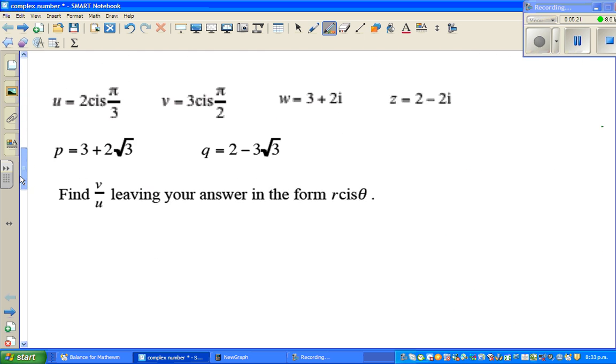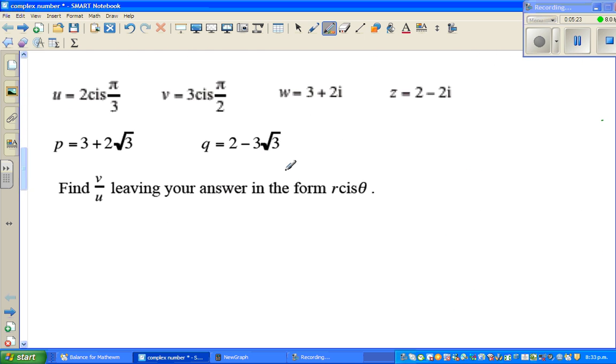The next question is, you're looking at u and v. There's a formula when you're dividing complex numbers. Let me write the formula down first. If z1 is r1 cis theta 1, I'll explain this later graphically, and z2 is r2 cis theta 2, this is a good formula to remember when you're dividing complex numbers.